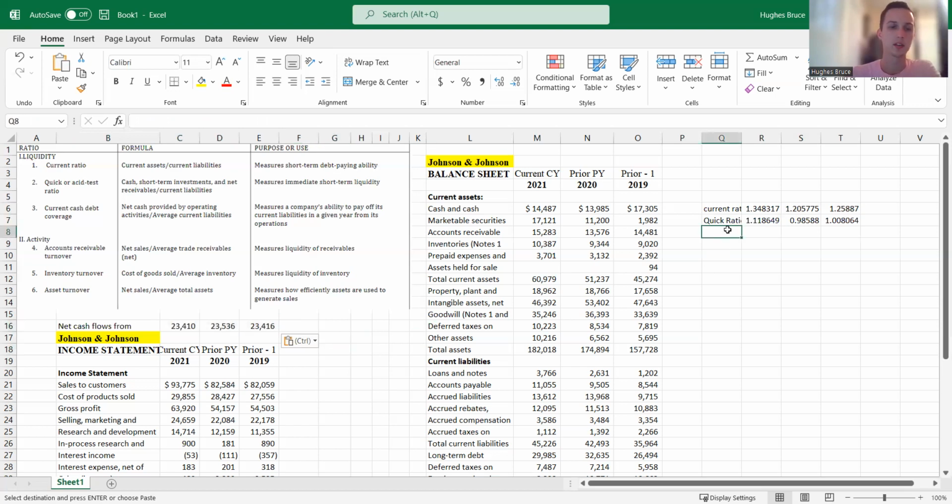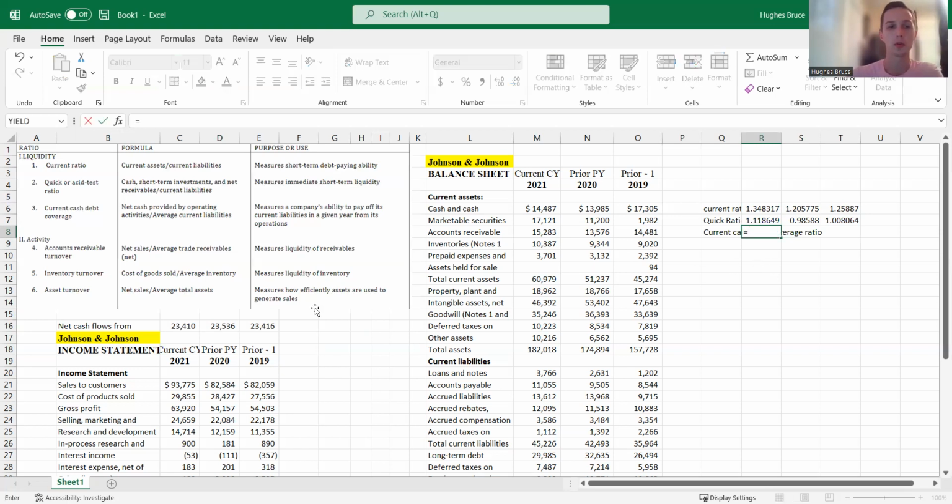And so you'll need that figure to compute the current cash debt coverage ratio. And so what this tells you is how well a company can pay off its debt, or how well a company can use the cash produced by its day-to-day activities, otherwise known as operating activities, to pay off its current liabilities.